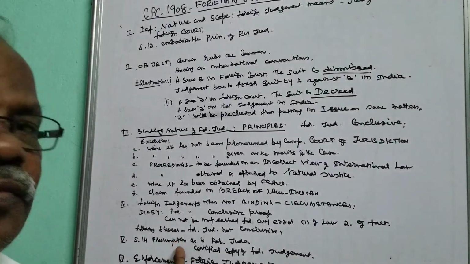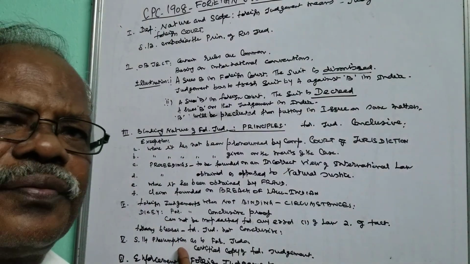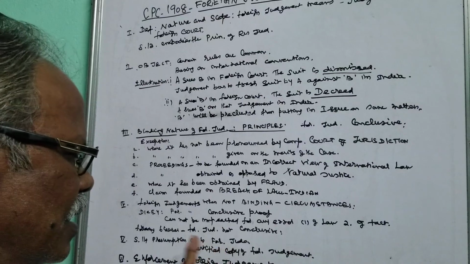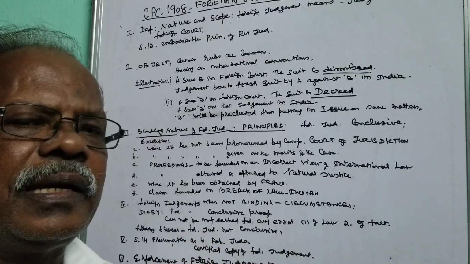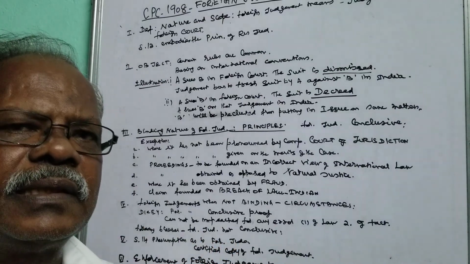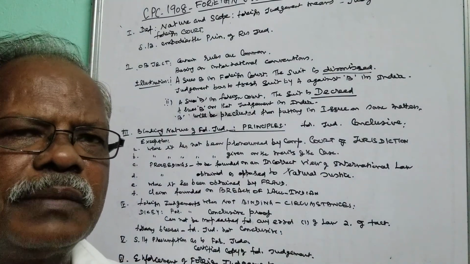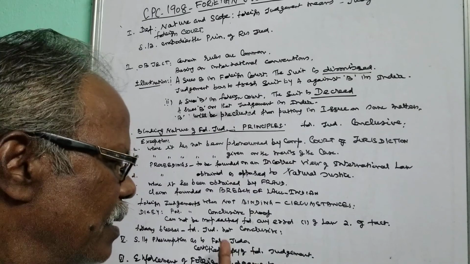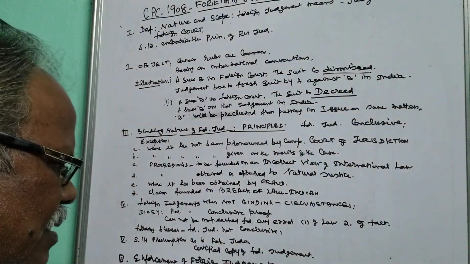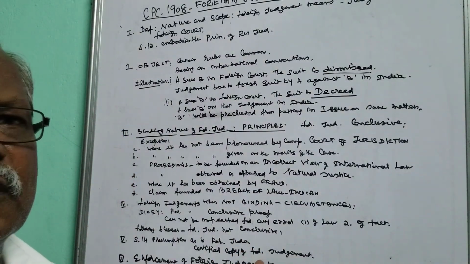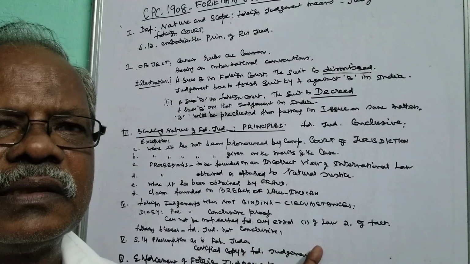That is section 14. Presumption of foreign judgment is based not on the Xerox copy of the judgment, but on the certified copy of the foreign judgment. So it should be certified.